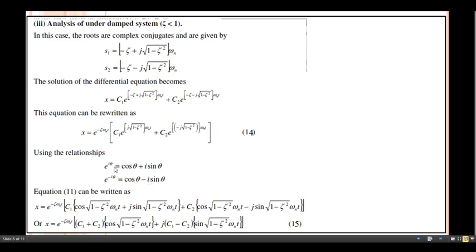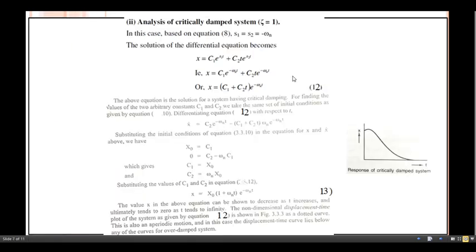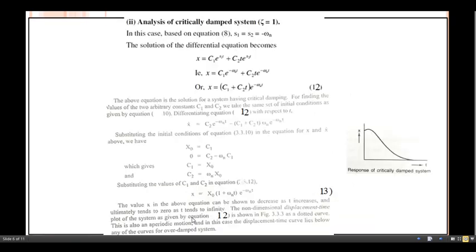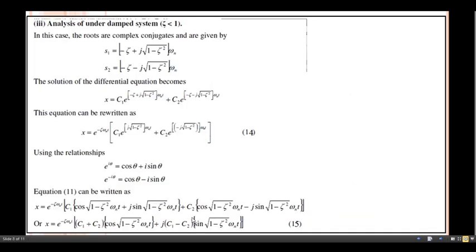Now from equation number 14, this equation can be written in this way.